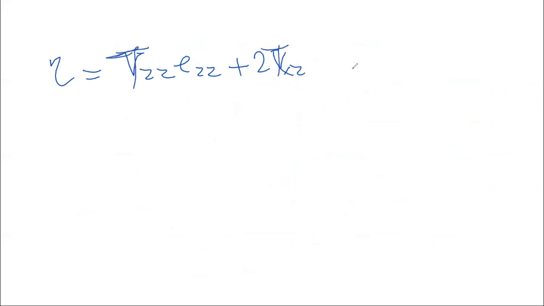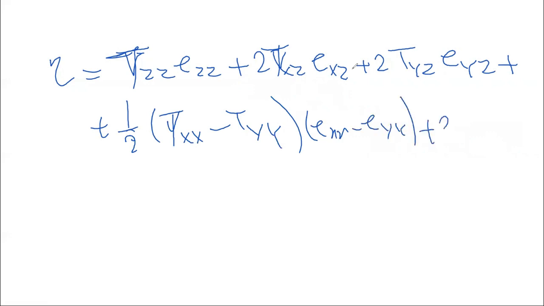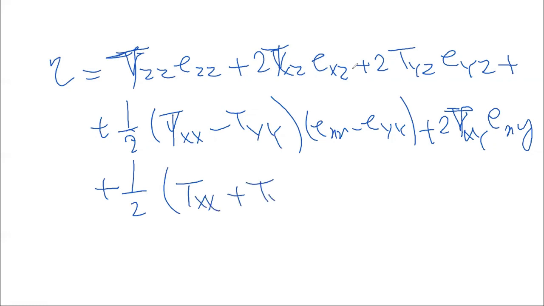T ex plus 2 t yz eyz plus 1 over 2 t xx minus t yy exx minus eyy plus 2 Y and xy exy plus 1 over 2 t xx plus t yy exx yy.